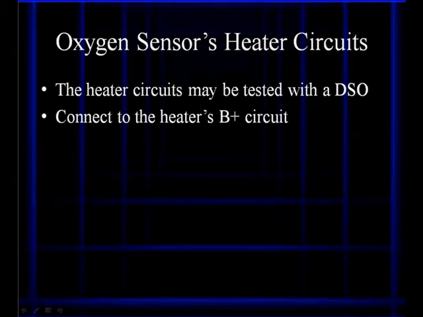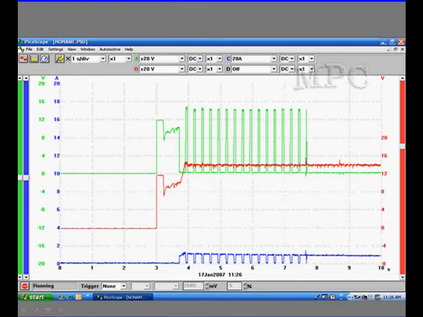Now, oxygen sensors have heater circuits, and they can be tested with the lab scope. Connect to the oxygen sensor's B+ for that heater circuit. Now, we've chosen a complicated, if you will, heater circuit. This is a Chrysler heater circuit, and we're using 3 channels there. And at the top, that's actually the control circuit.